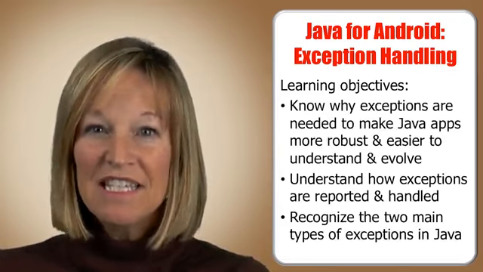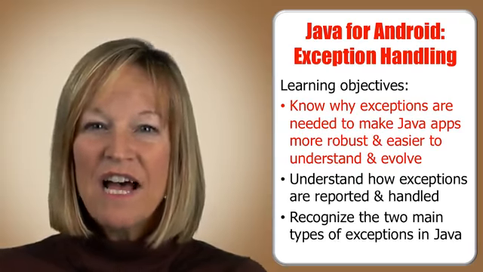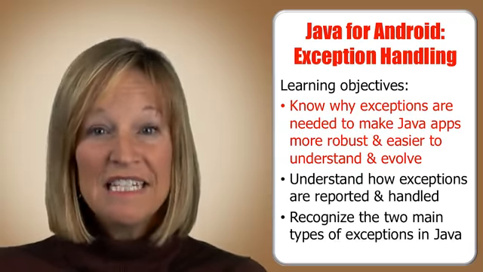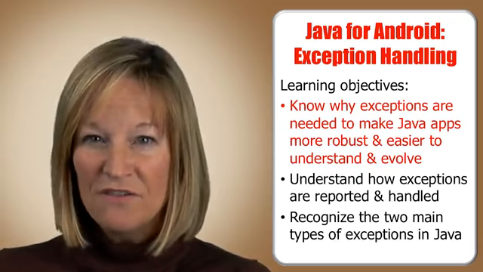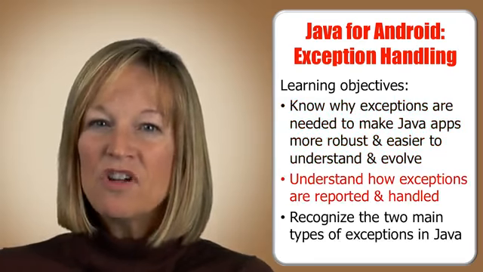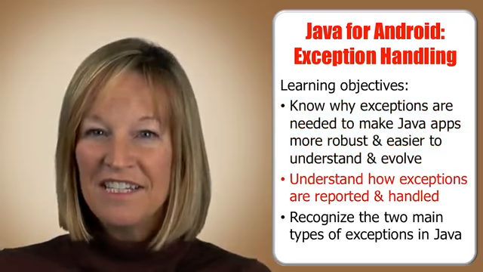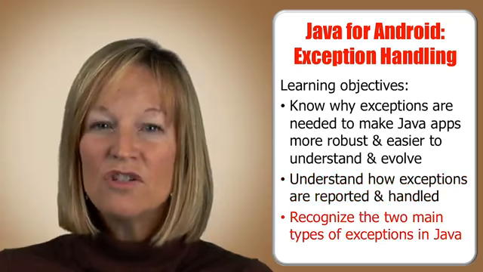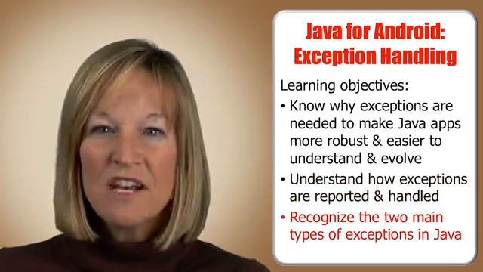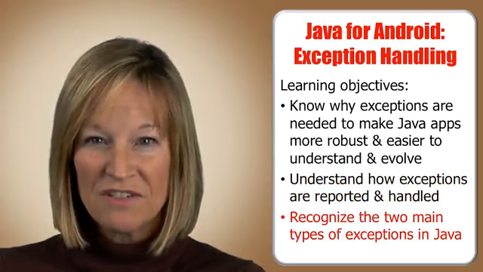Now that you've completed this lesson, you should know why exceptions are needed to make Java apps more robust and easier to understand and evolve. You should also now understand how exceptions are reported and handled in Java apps. Finally, you should recognize the two main types of exceptions that are supported via Java's hierarchy of exception subclasses.